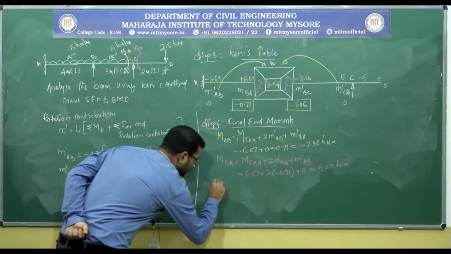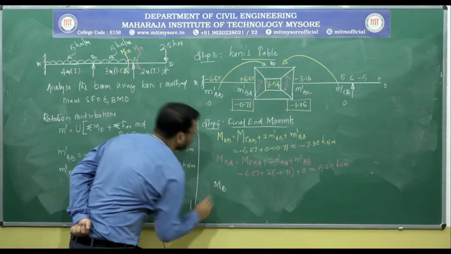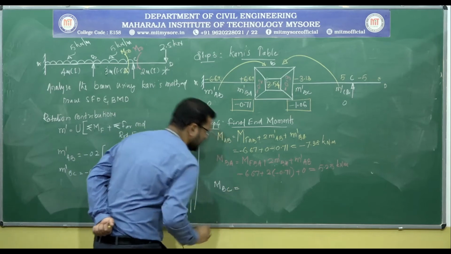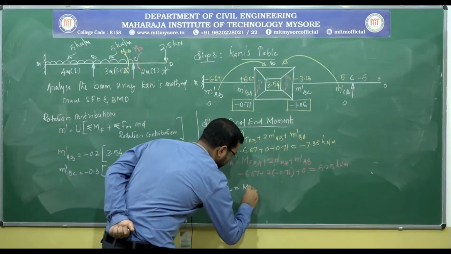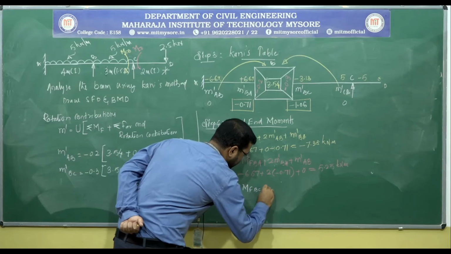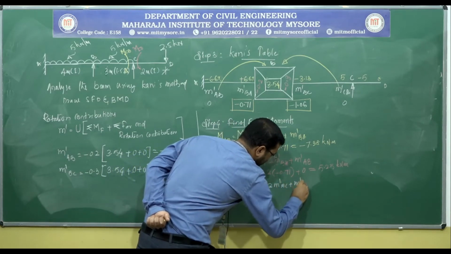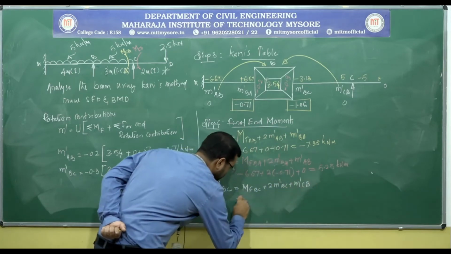And similarly for MBC, it is MFBC plus 2 times M dash BC plus 1 times M dash CB.